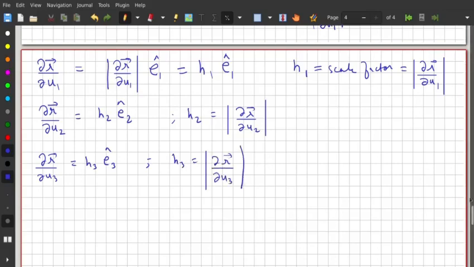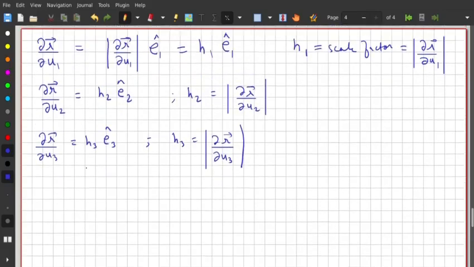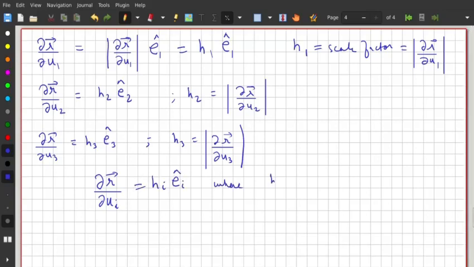In generic index notation, we write all three equations as del r del ui equals hi ei cap, where hi is the magnitude of partial r partial ui, the generic scale factor.